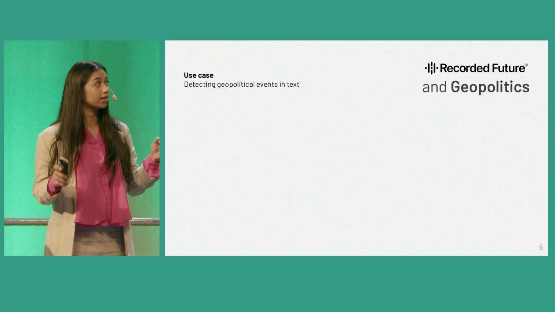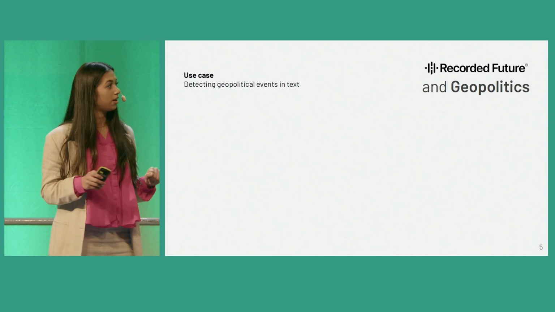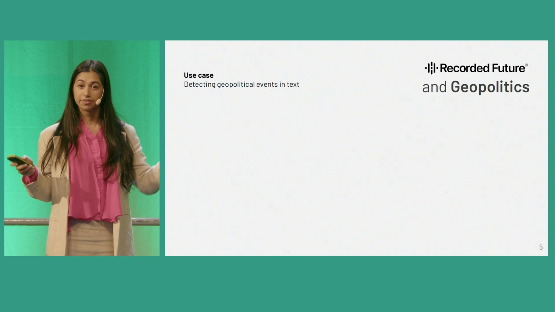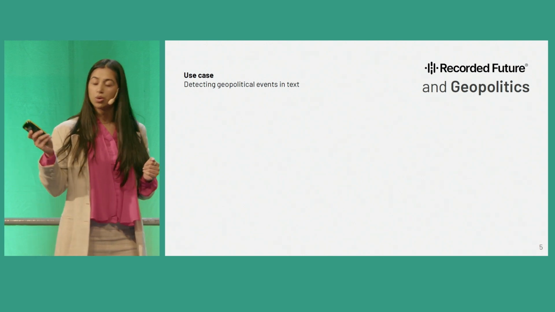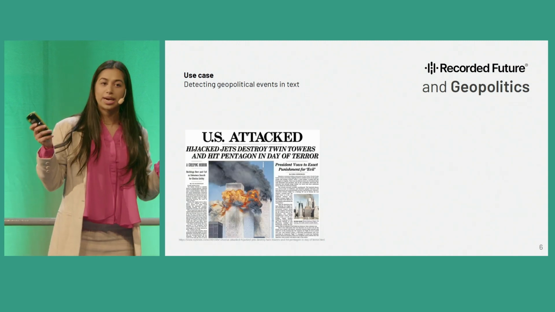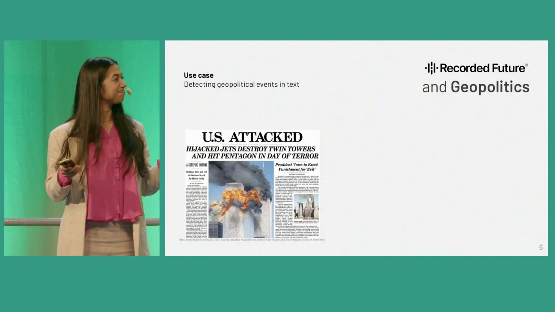A specific track that Recorded Future works with is that of geopolitics. A use case that caught our attention was that of detecting geopolitical events, and today we only do this in text. So let's look into more practical terms how we do this.